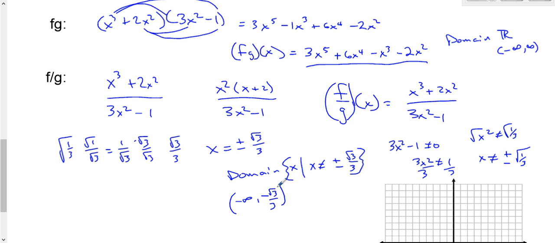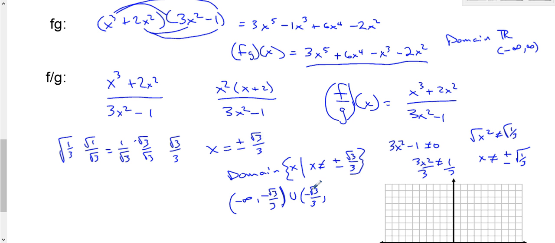And since I can't equal the actual number, I'm going to put parentheses and then union. And I can't just go from negative square root of 3 all the way to infinity, because I have the positive square root of 3 over 3 that I cannot be equal to.